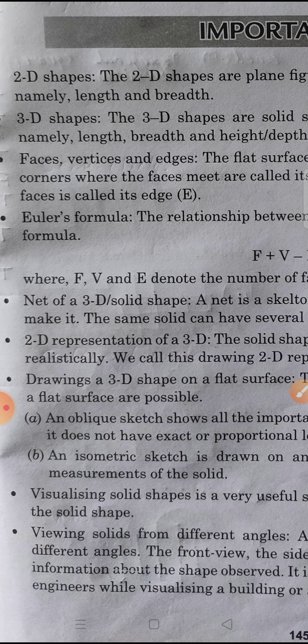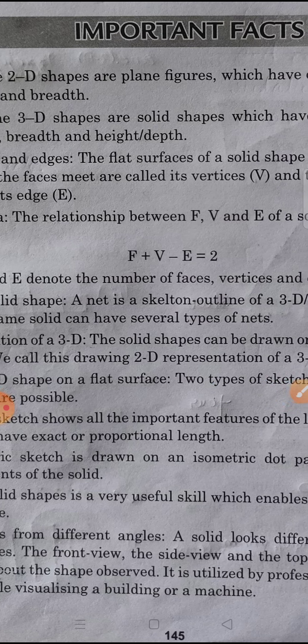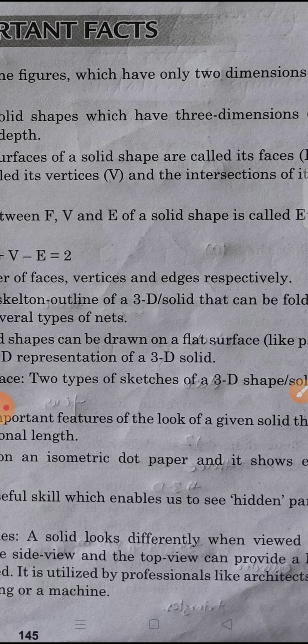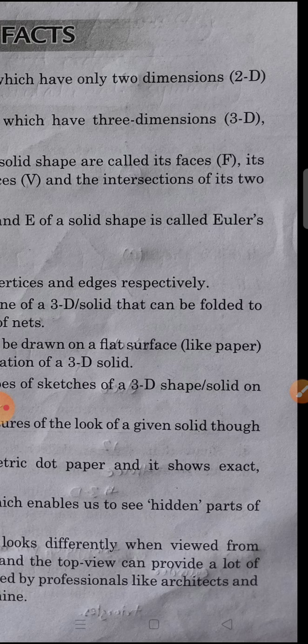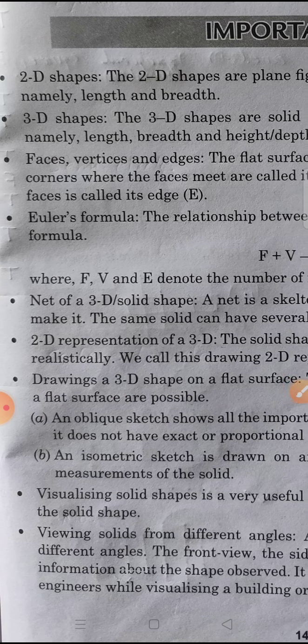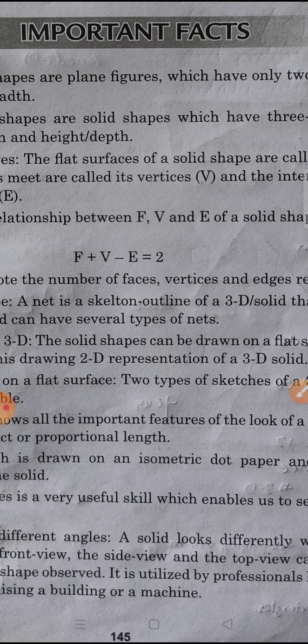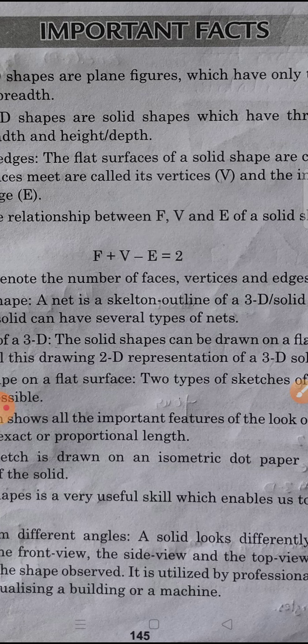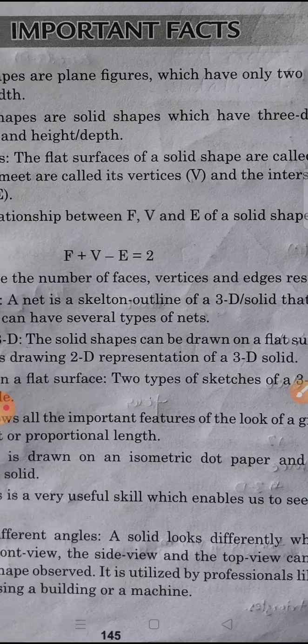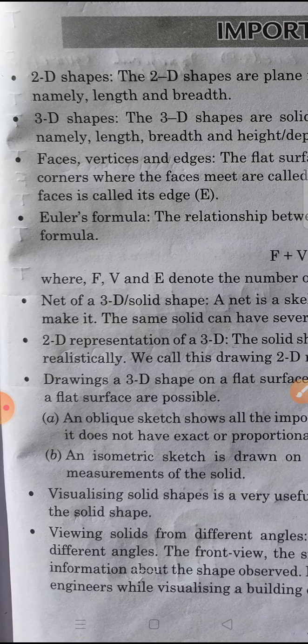Next, visualizing solid shapes is a very useful skill which enables us to see the hidden parts of the solid shape. Suppose we have to draw any solid shape on paper, we cannot see all the parts in between.